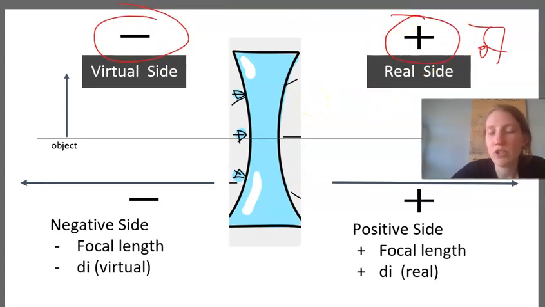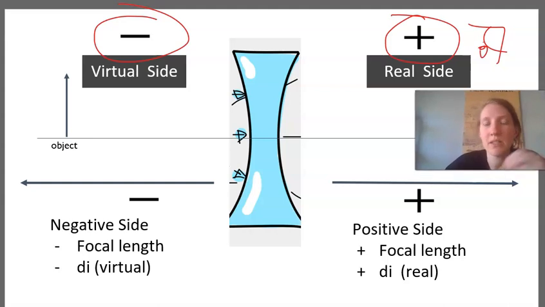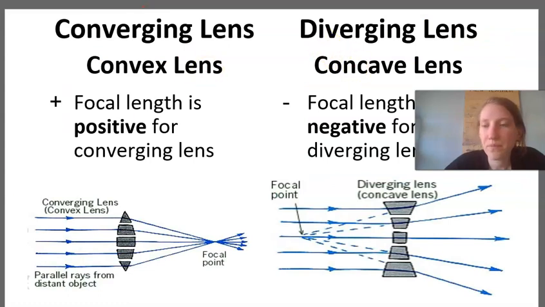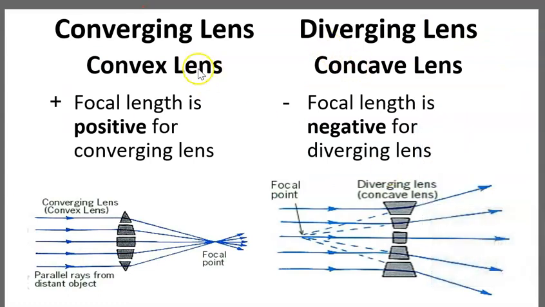The most important thing is to remember: am I dealing with a lens or am I dealing with a mirror? So a converging lens, or a convex lens, has a positive length for its focal point. Its focal length is positive, and for a diverging lens, its focal length is negative, because this one focuses on the real side, so it's going to have a positive F, and diverging focuses on the opposite side.